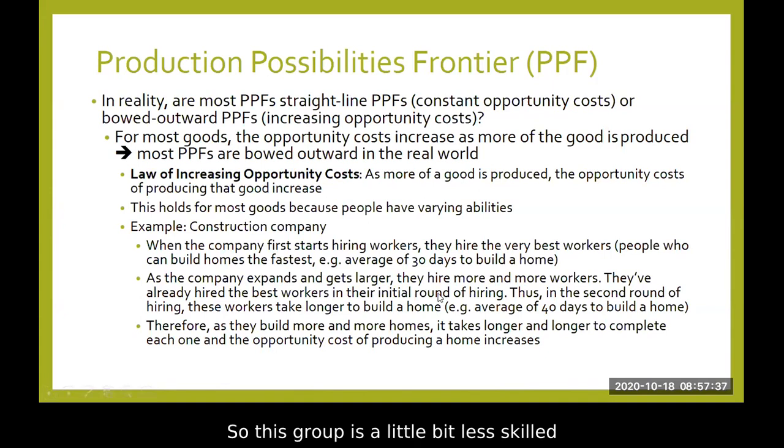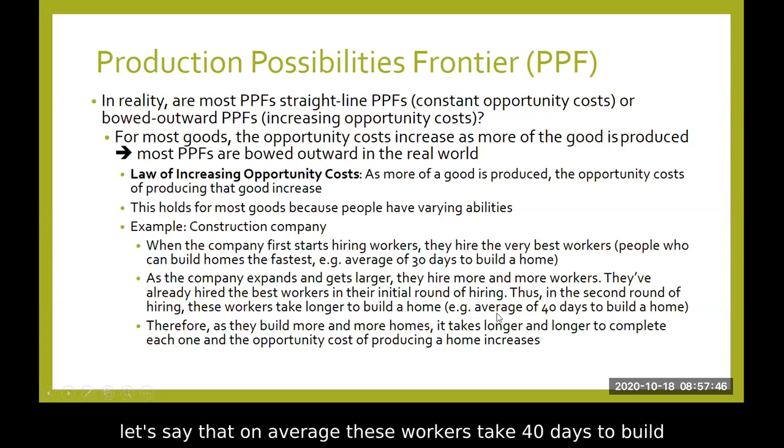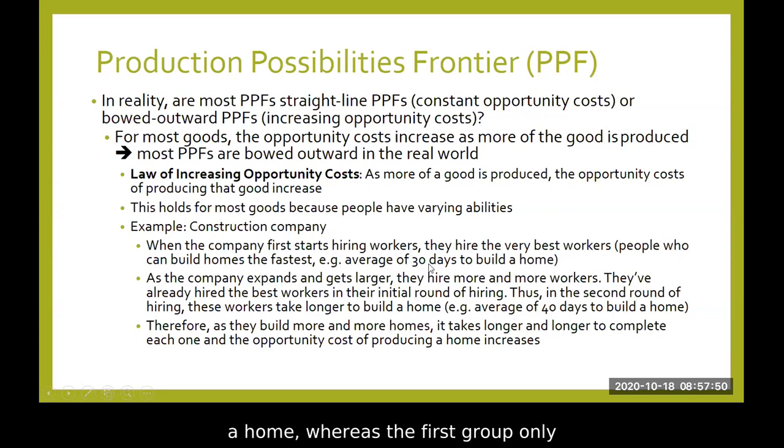So this group is a little bit less skilled than the first group that was hired. So in the second round of hiring, let's say that on average, these workers take 40 days to build a home, whereas the first group only took 30 days to build a home.